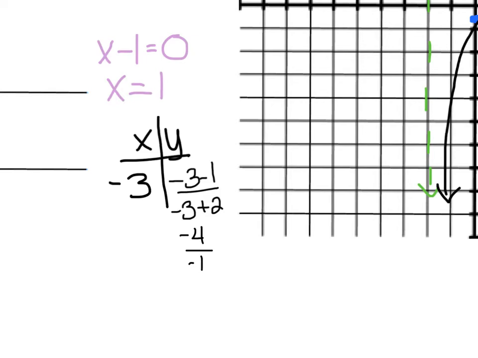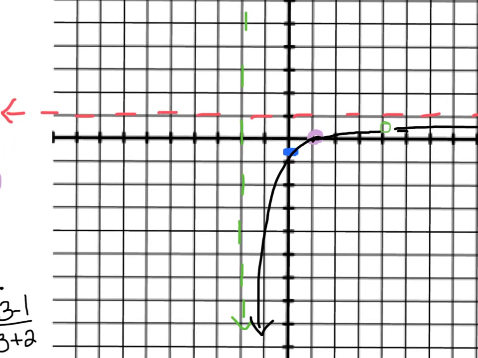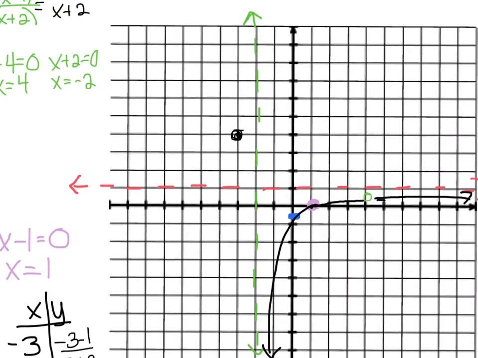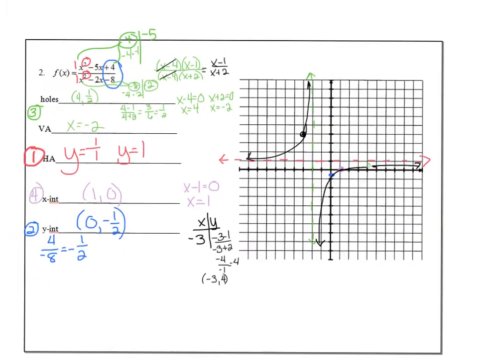And two negatives make a +4. So I'm looking for the ordered pair (-3, 4). So -3, then 1, 2, 3, up 4. And again, this is just enough information to tell me how to make my curve. And there is graph number 2.